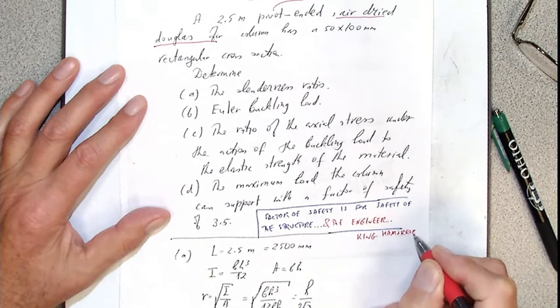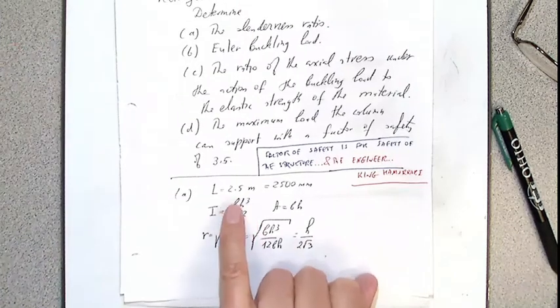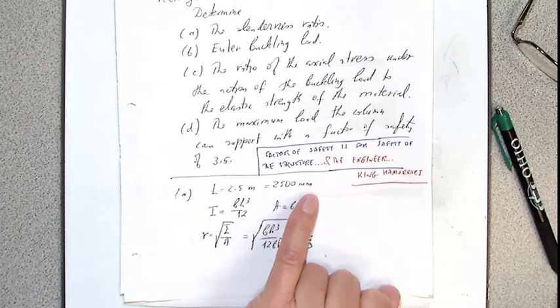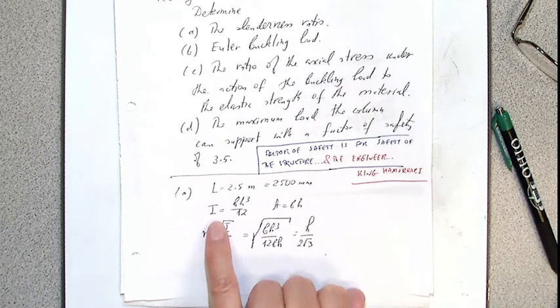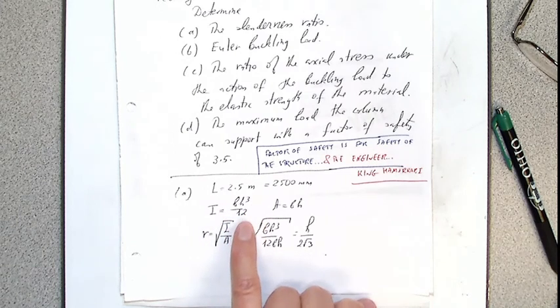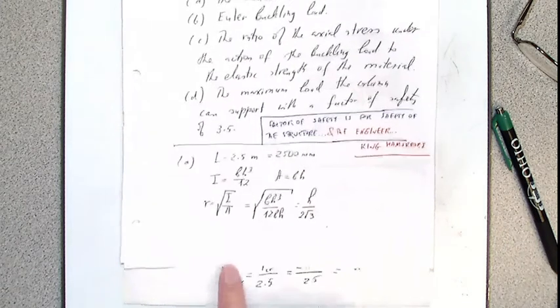So length equals 2.5 meters or 2,500 millimeters. Moment of inertia, this is the rectangular cross-section: b h cubed divided by 12. So A equals b h. So we calculate how much is radius of inertia.